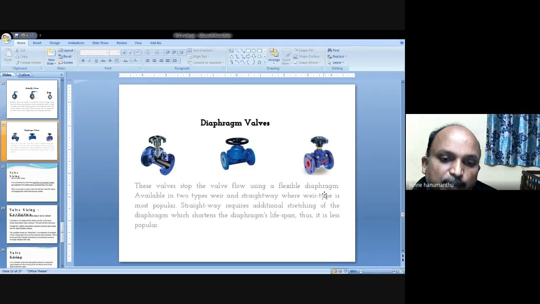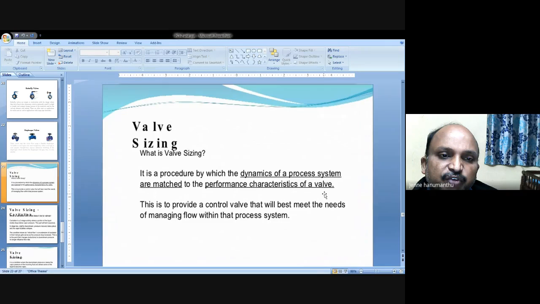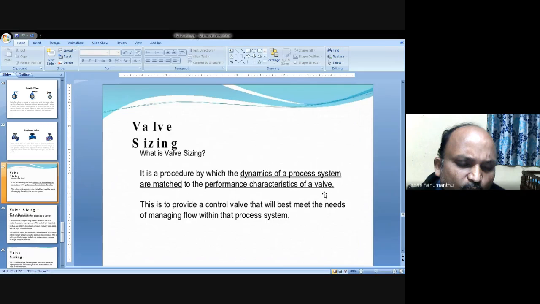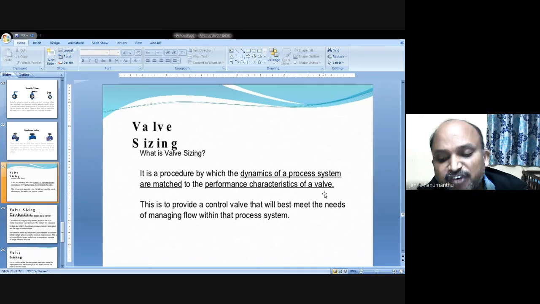Apart from this, a very important one is valve sizing. What is valve sizing? Till now we observed the different control valves, maybe tip opening, linear, equal percentage, globe, butterfly, or gate valves.